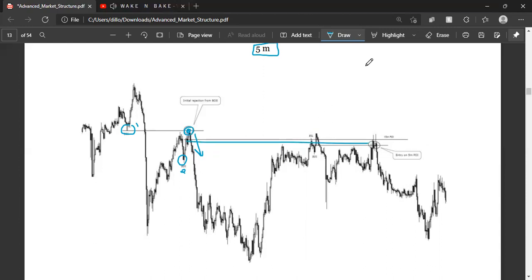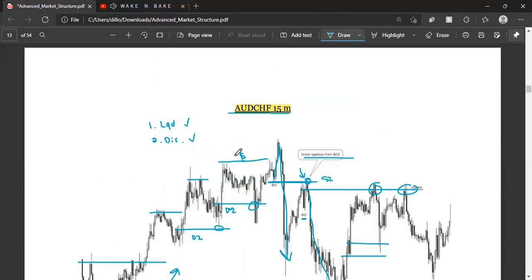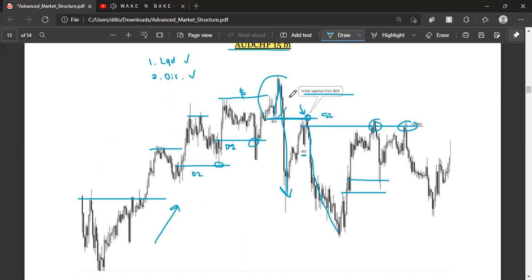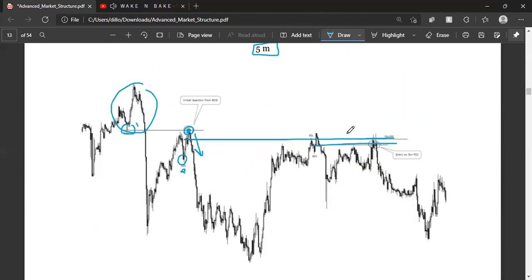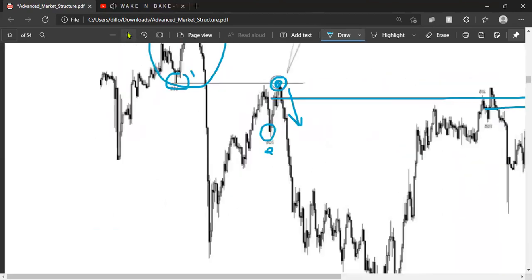And we look back into those supply zones. What do we see? You remember this over here, the behavior of how the market was? Look right here, I'll zoom in a little bit for you guys.